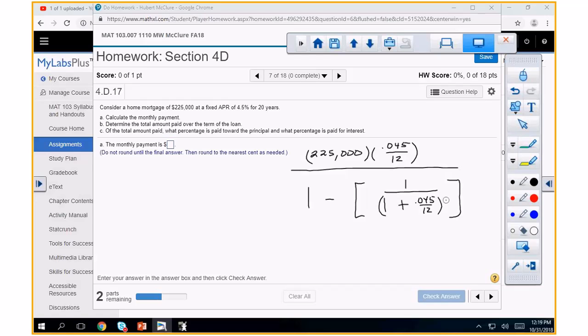NT power, which is going to be 12 times 20. And y'all can't read that. 12 times 20. So, crank it out.